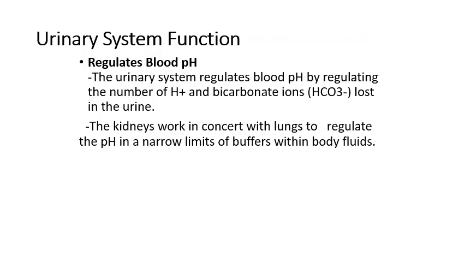There is another function that is important in the urinary system, which is also performed by the kidneys: regulation of blood pH, the acid-base balance, mainly in the plasma. We will talk about this in the later lectures of this course.